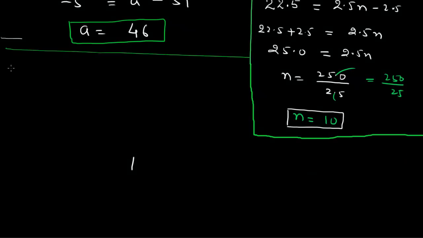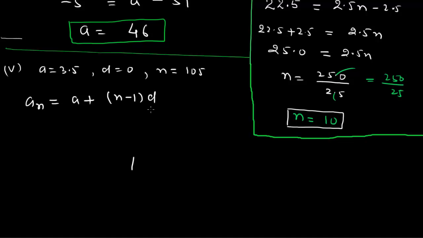Let me solve the last part of this question, that is the fifth part. In the fifth part, A is given 3.5, D is given 0, and N is given 105. So we shall use the general term once again, AN equals A plus N minus 1 into D. We can put the values of A, D and N. A105 equals 3.5 plus 105 minus 1 times D, and D is 0.